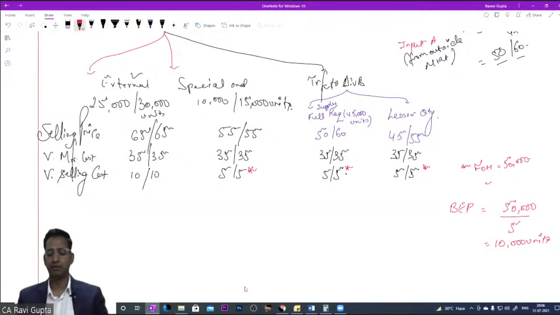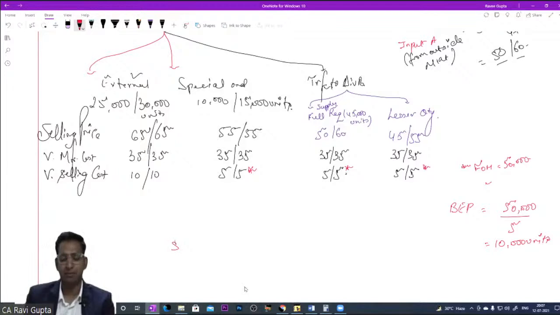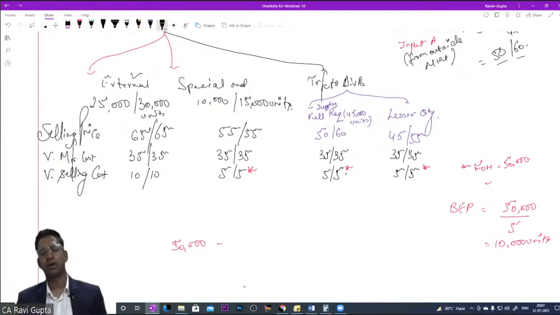How can we check? We can check how many units we have as capacity. We have a capacity in year 2 of 50,000 units. Let's say for simplicity, external sales has a higher contribution and we give it first priority. If we do external sales of 30,000 in year 2, we still have a surplus of 20,000 units.